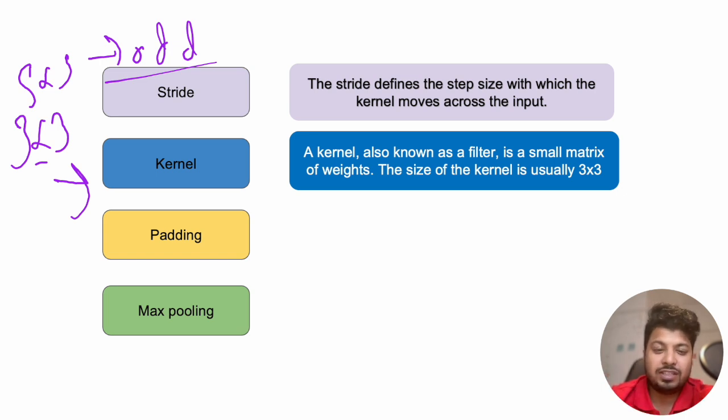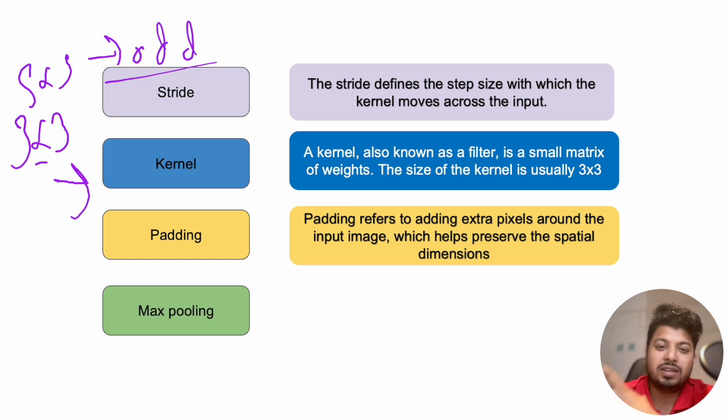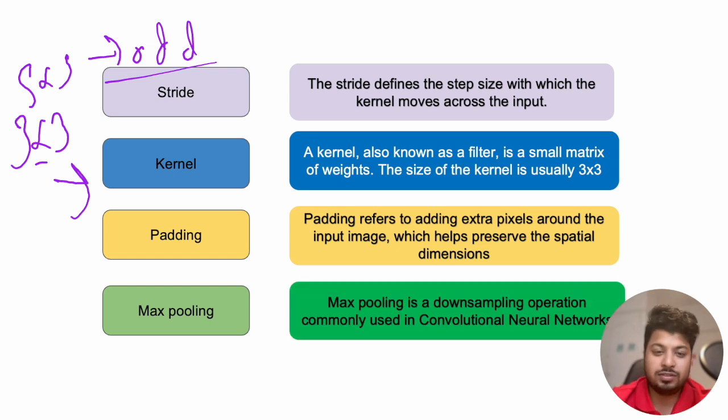And then next we looked at what padding is. Padding refers to adding an extra pixel around the image, which helps preserve the spatial dimensions. Of course, padding is really helpful if you feel you are losing some data around the edges of the image. You add extra pixels around the image. It's like adding a layer on top of it. Then we looked at what max pooling is.